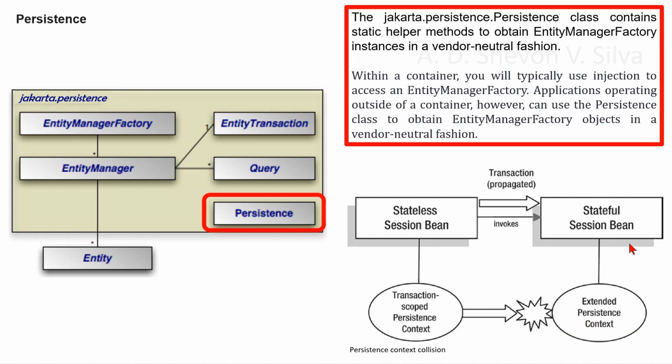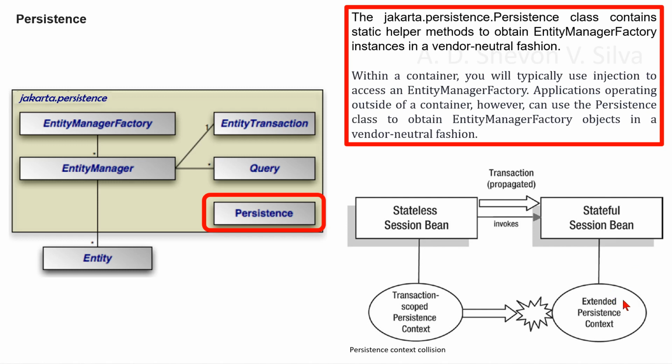During the eager association of the extended persistence context, the container will check to see whether there is already an active persistence context. If there is, it must be the same as the extended persistence context that is trying to associate, or an exception will be thrown.